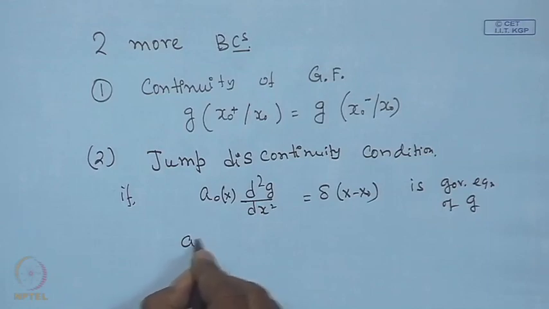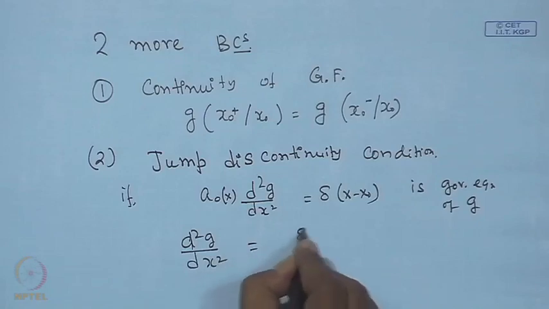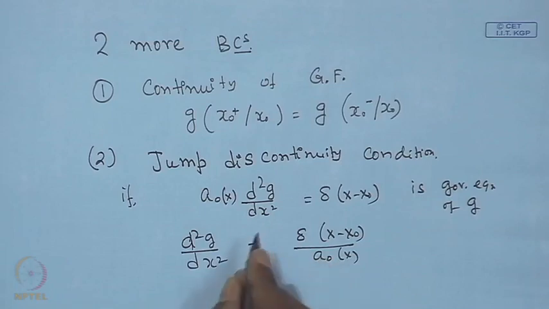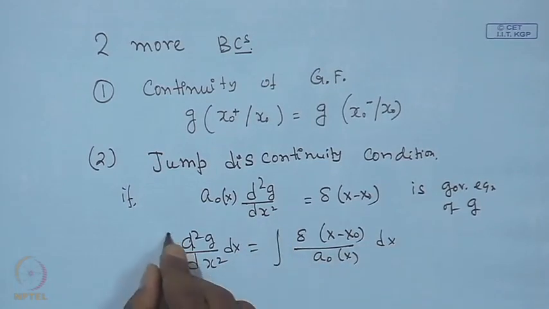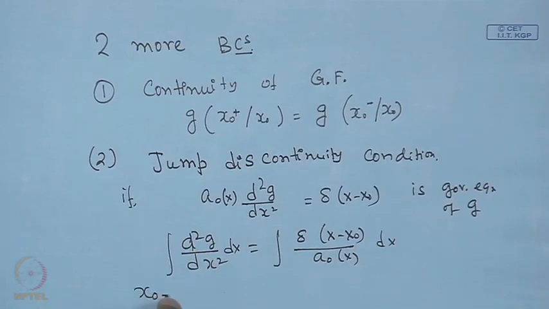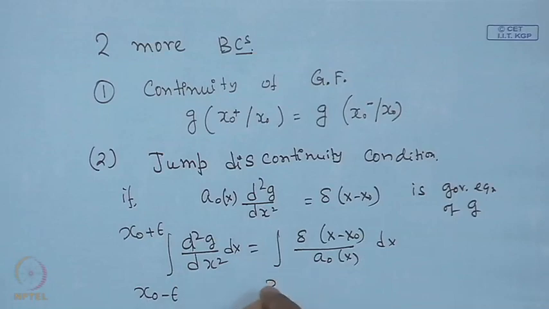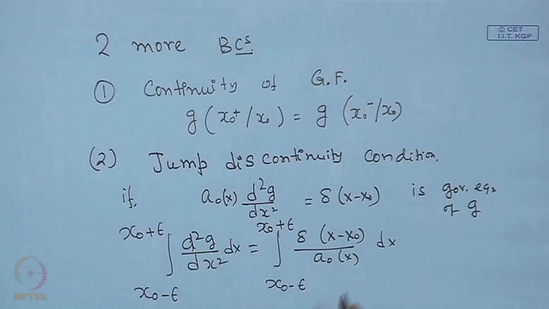So, d square g d x square is nothing but delta x minus x naught divided by a0 as a function of x, multiplied by dx and integrated from x naught minus epsilon to x naught plus epsilon. If you carry out this integration, the right hand side is very simple.